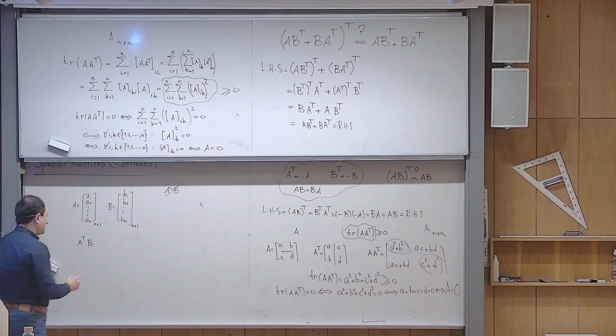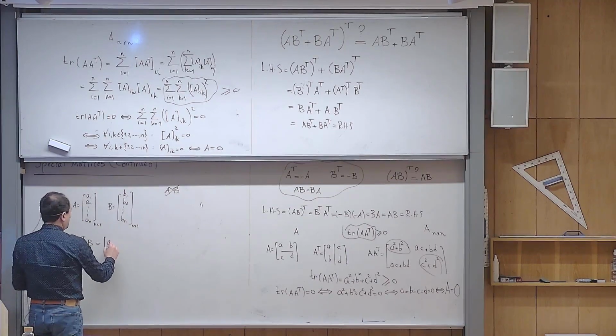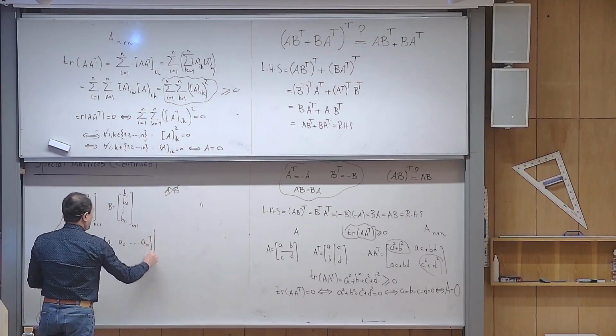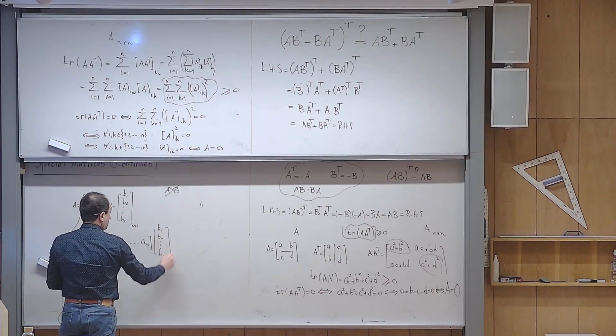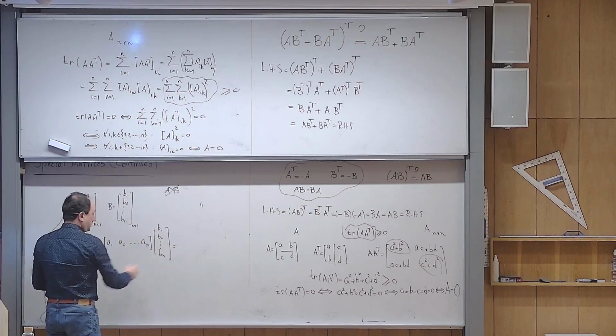Yes? If I calculate A transpose B, A transpose is A1, A2 up to An. And when I multiply it by B1, B2 up to Bn, then it becomes one single number. So I have to take this row and multiply it by that column.